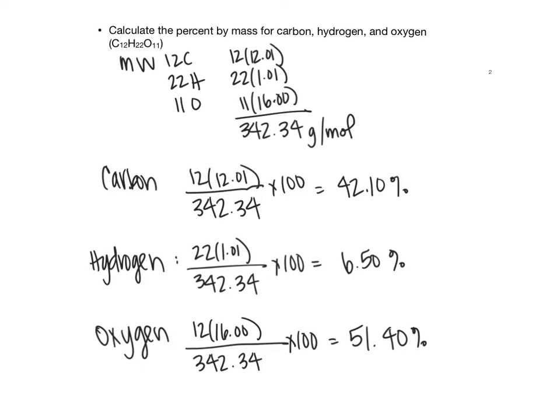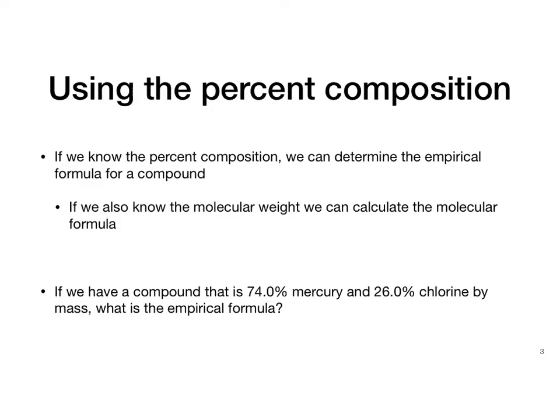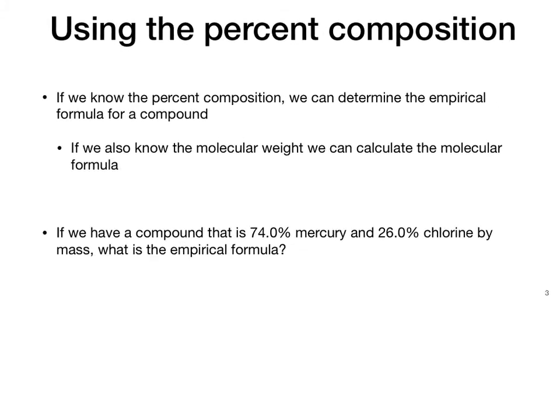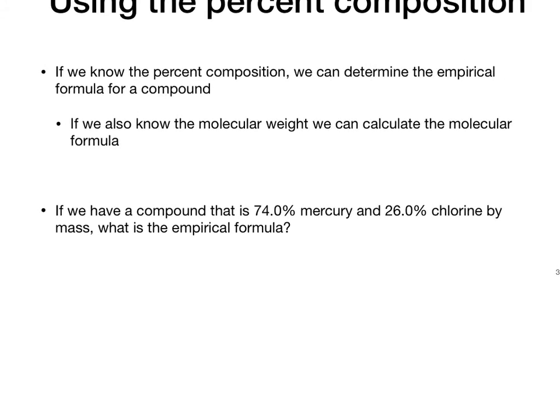So the next thing we're going to think about is how we could use the percent composition to determine the next. So if we know the percent composition, we can in fact determine the empirical formula for a compound. Now, if we also know the molecular weight, we can calculate the molecular formula.